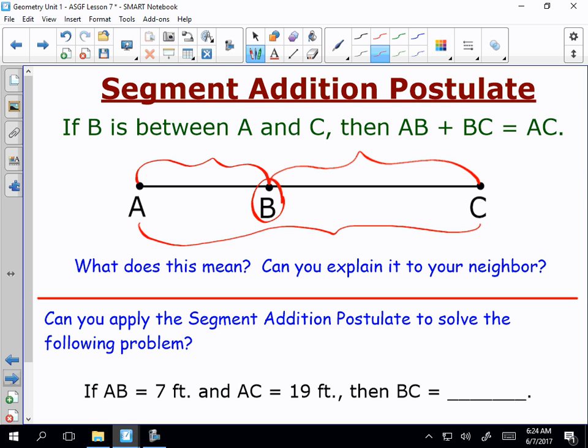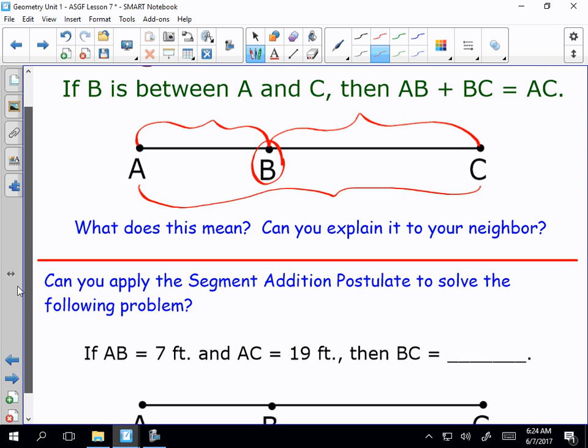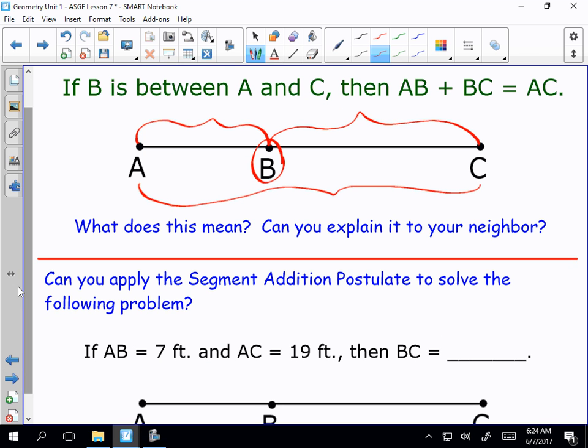Okay, so always in these situations, make sure that you draw a picture. The picture is one of the most important parts to see what's happening, to fill in the information, and to understand what the information represents.